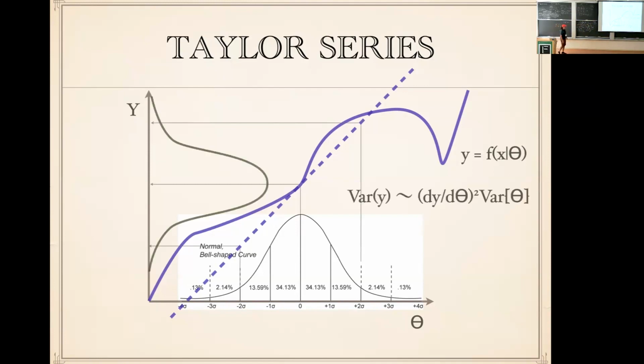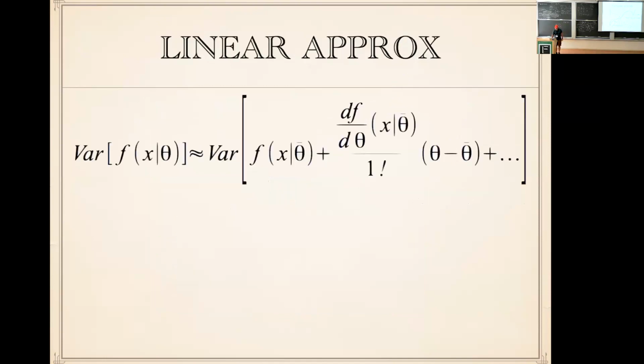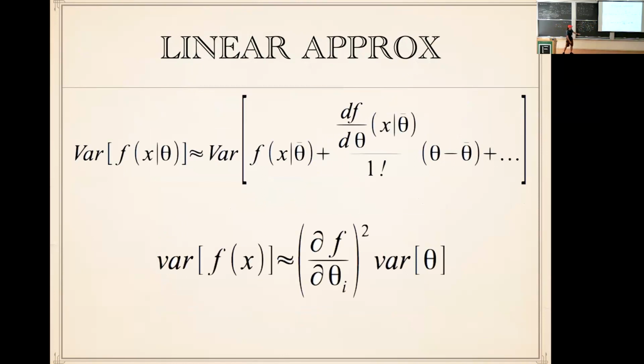So now, instead of the variance being exactly dy d theta squared times the variance of theta, it's approximately that, because we are taking an approximation of that nonlinear function. Applied more generally to any function, the variance of some function is approximately the variance of the Taylor series expansion of that function, which works out to be the same thing we've seen before.